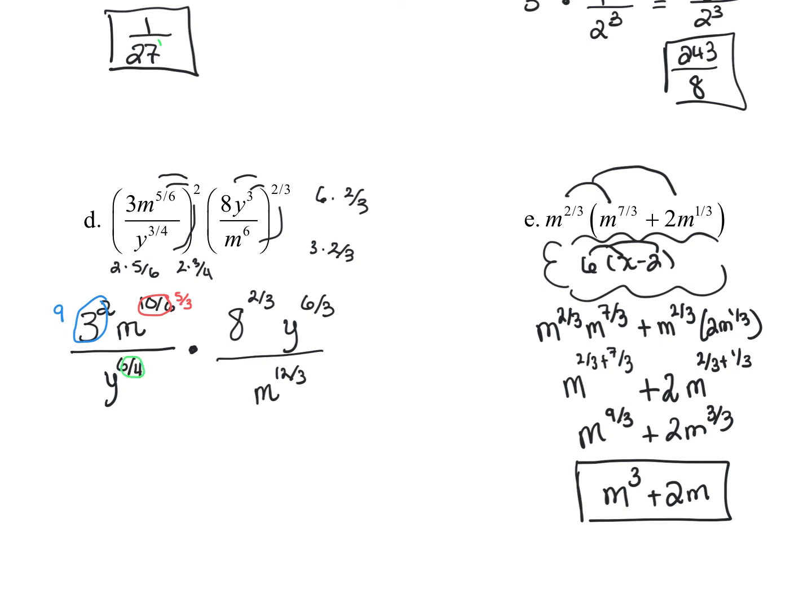This is really divided by 2, so 3 halves. This is really a 2. This is really a 4. And then this is the cubed root of 8 and then squared. Well, the cubed root of 8 is 2 and 2 squared is 4.